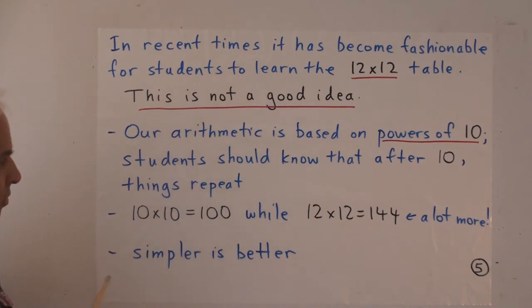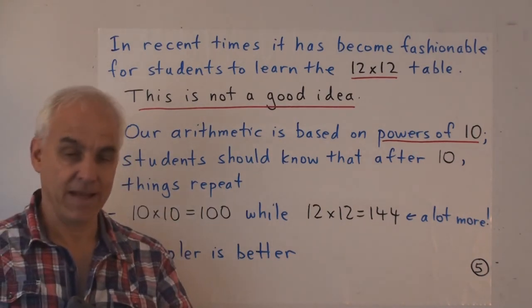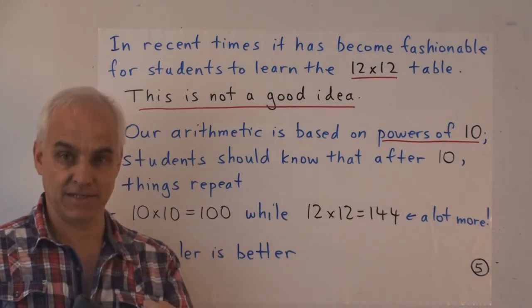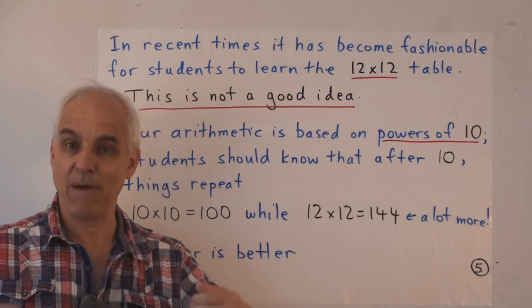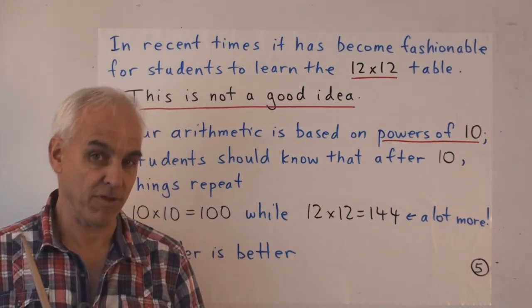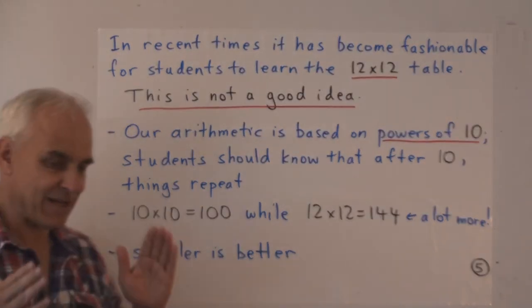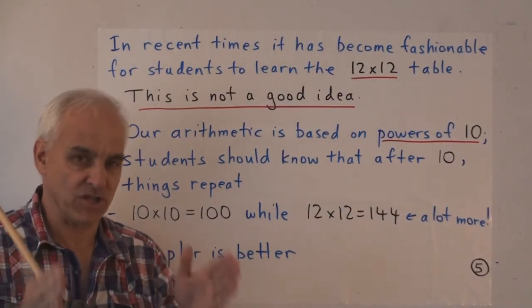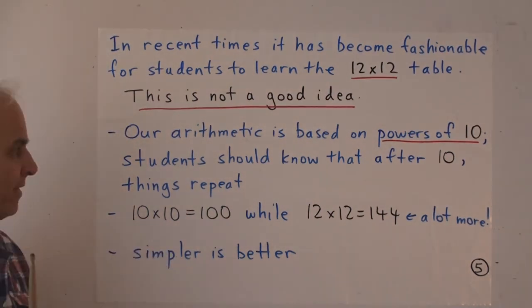Why not? Well, because our arithmetic is based on the Hindu-Arabic system, and it's a base 10 system. It's based on powers of 10 and using powers of 10 to help us in organizing our arithmetic. So it's important that students understand and get on this track of multiples of 10 being all important.